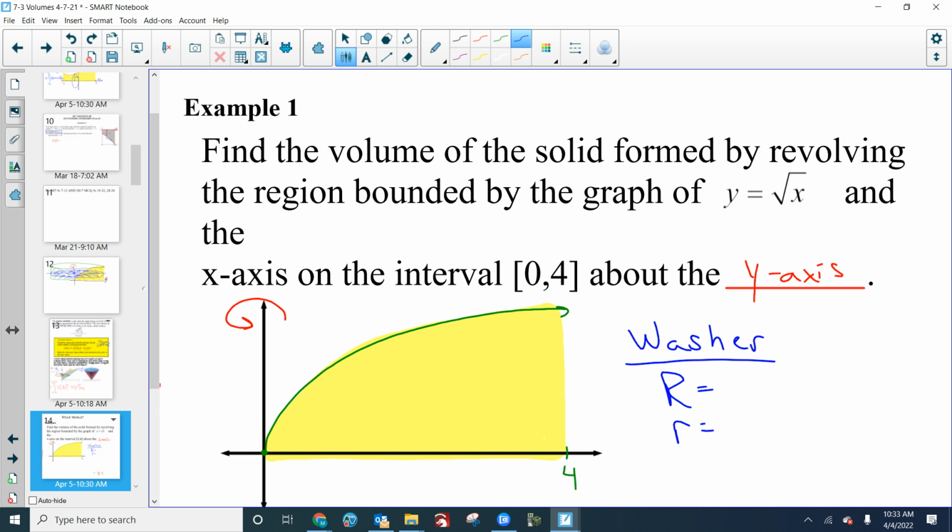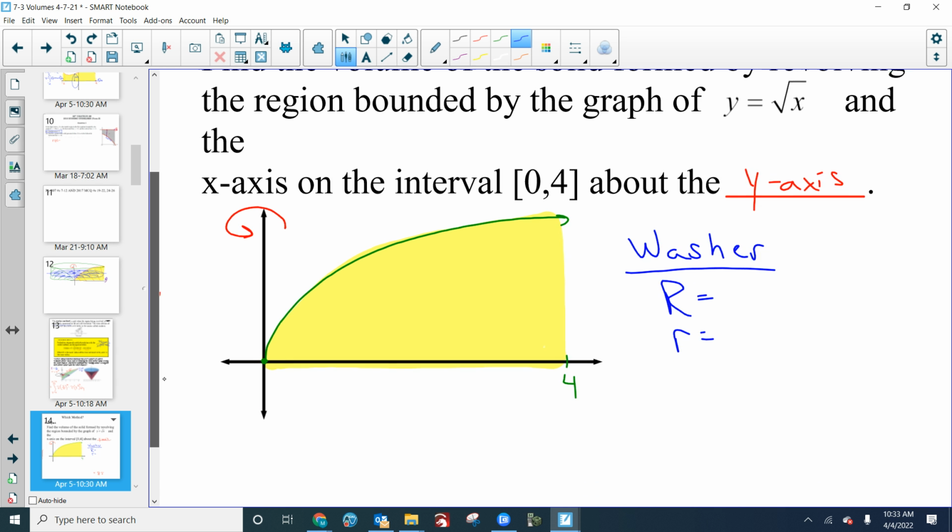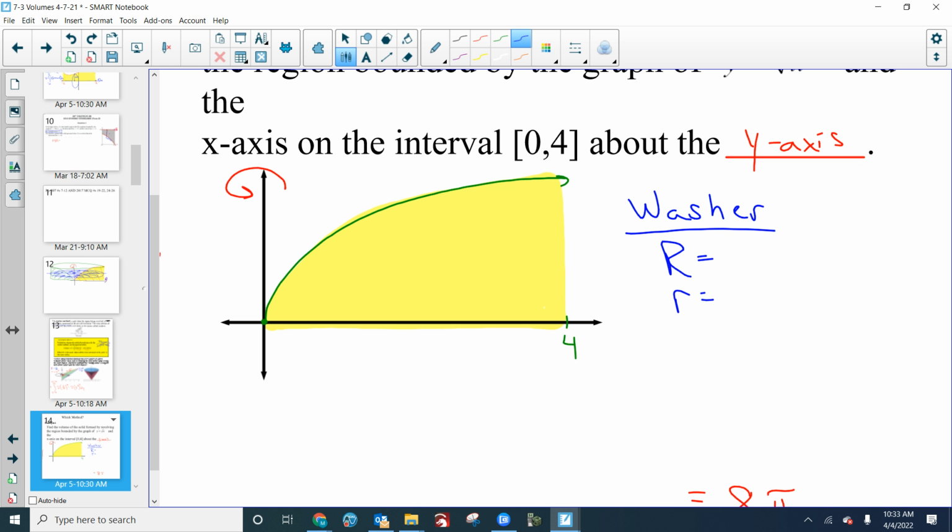Are these going to have x's or y's in them? Y's. So my bounds are going to be y's. All right. Well, wait a minute. We're going to pick some value from there to there, some y value.